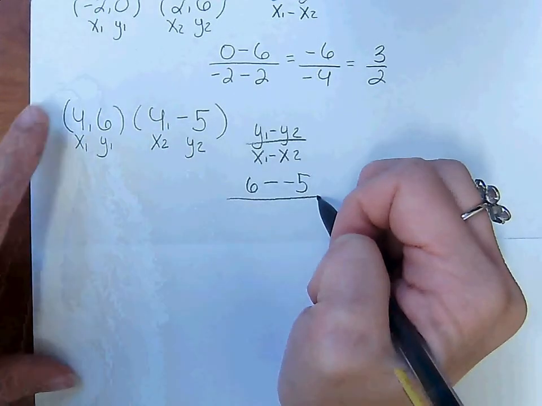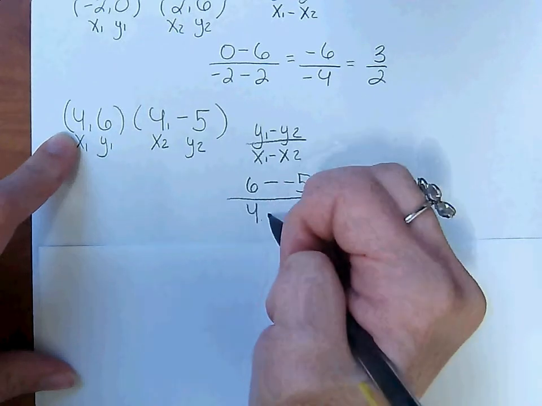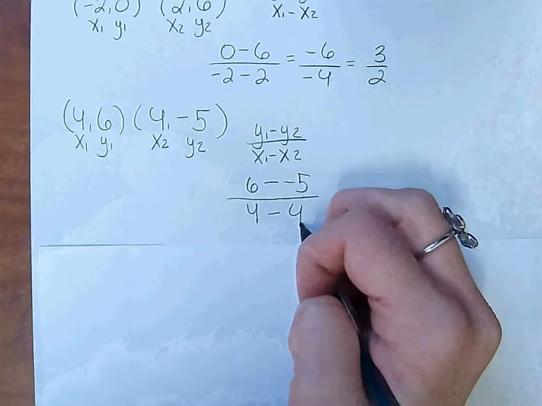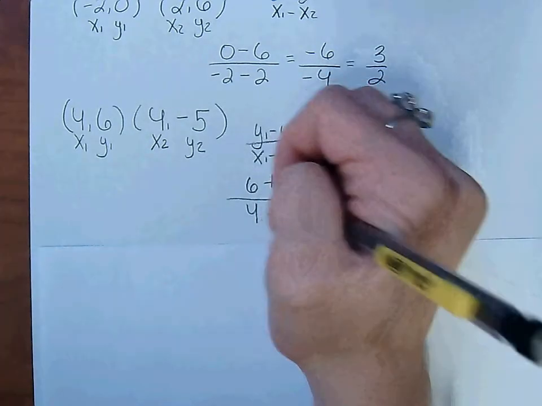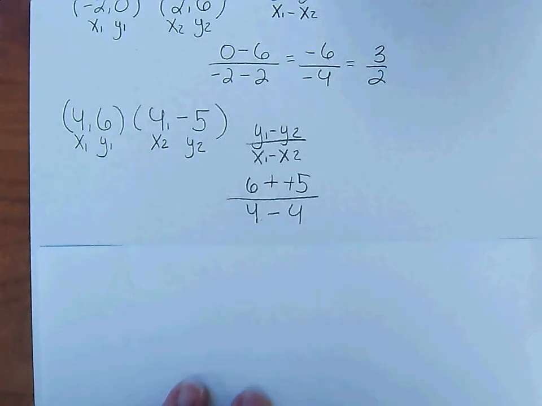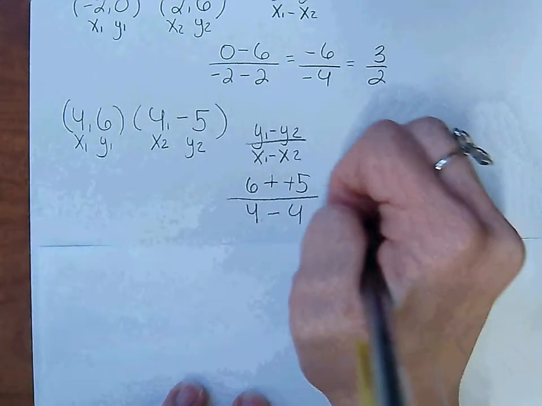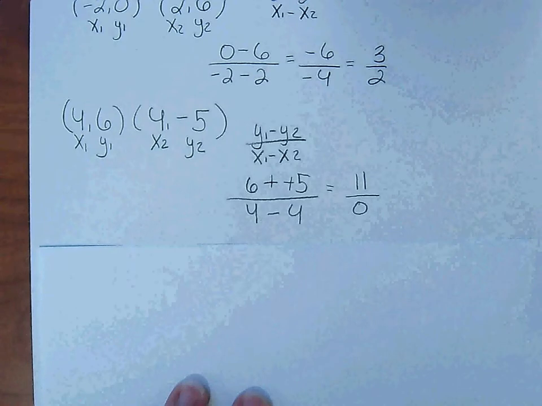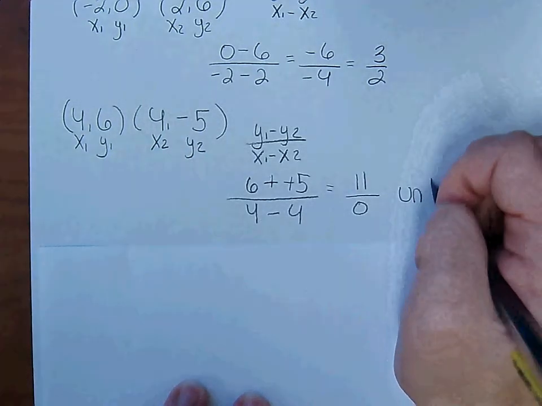So you do end up with a double negative. And then over here you're going to have 4 minus 4. Double negative is going to turn positive. So we're going to end up with 11 over 0. Well, when the denominator is 0, you're going to have an undefined slope.